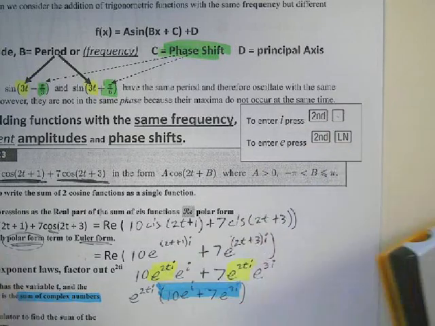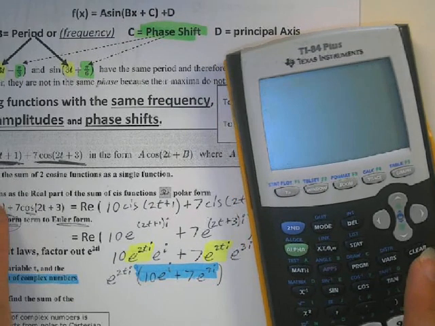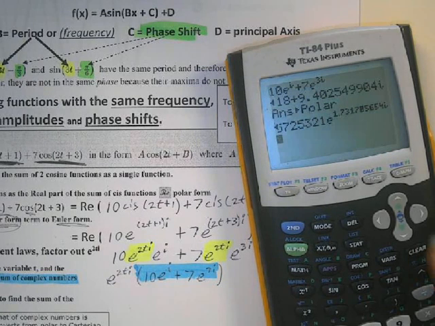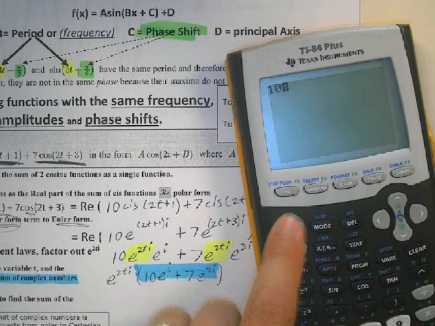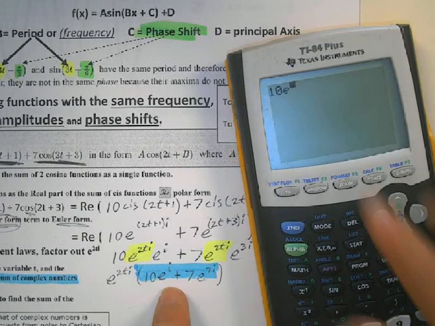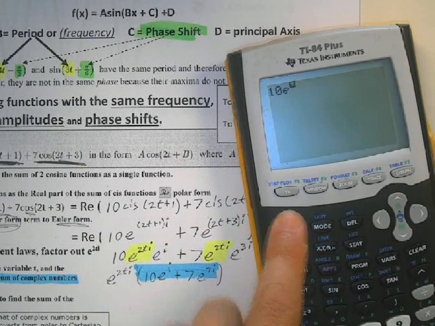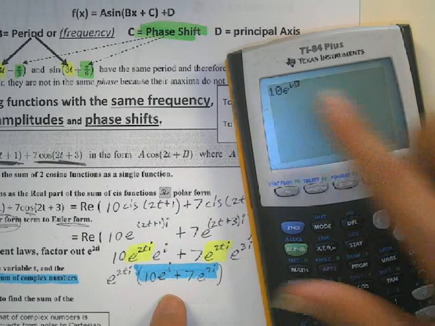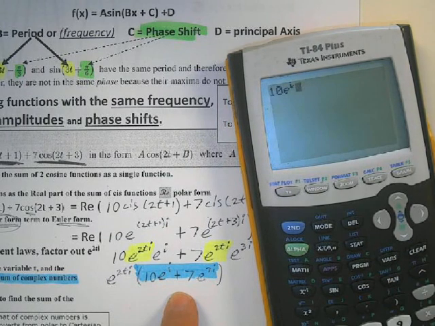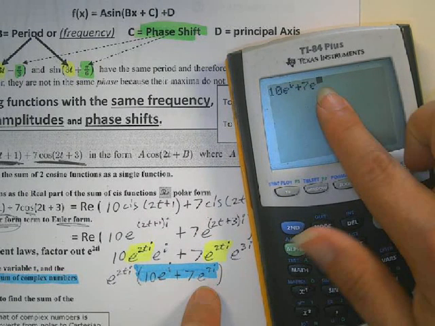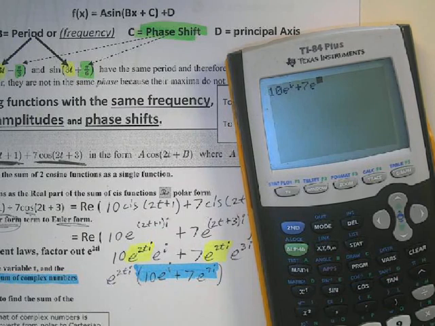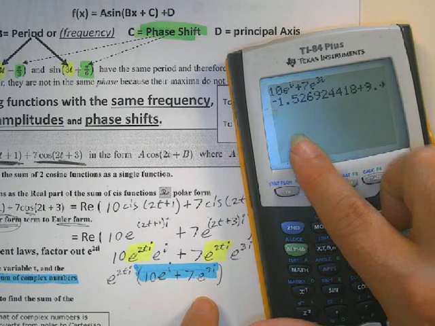Okay, so I'm going to type this in here. 10, second natural log to get my e, and to get the power i, second and period. Plus 7, second natural log to get my e, times 3, second and period to get my i, and enter, and then I get this value.